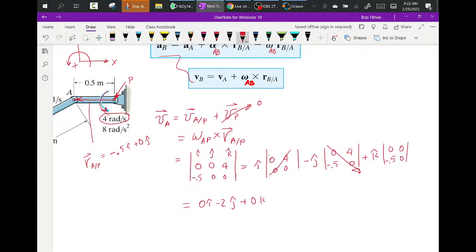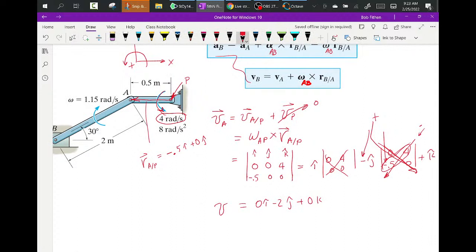This and this give you 0, that and that give you 0, and that and this become a minus and a minus. A minus because of this, a minus because of that, and a minus because of the direction. This is the minus, and this one right here is the plus. So what you get is 4 times 2 gives you your 2. So this is the velocity of A, and that's exactly what you would expect, it goes straight down.